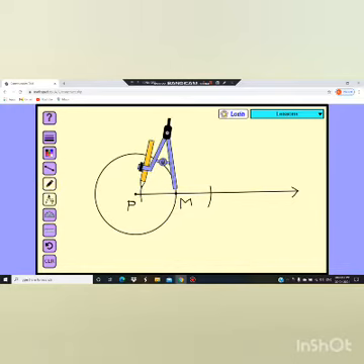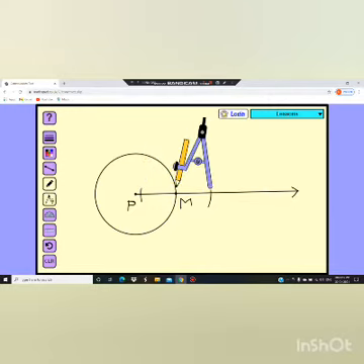Now whatever the distance between these two arcs, we have to take it in the compass. So keep the pointer on this one arc and take the distance between them in the compass, and upward and downward we have to draw the arc.